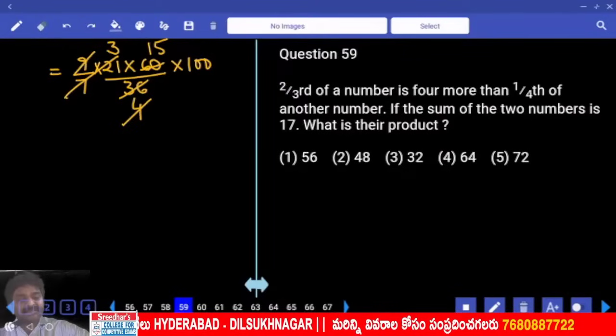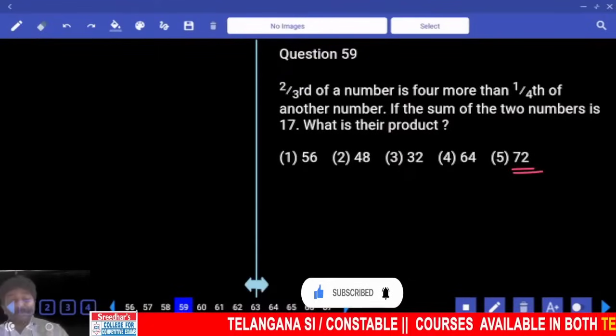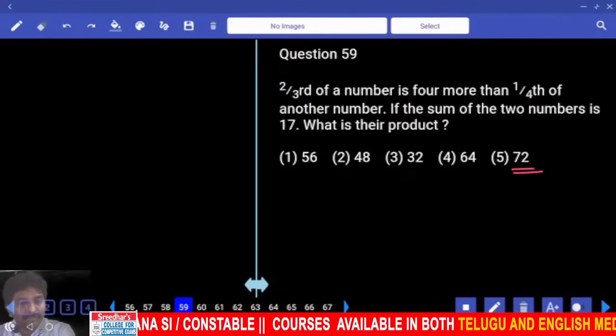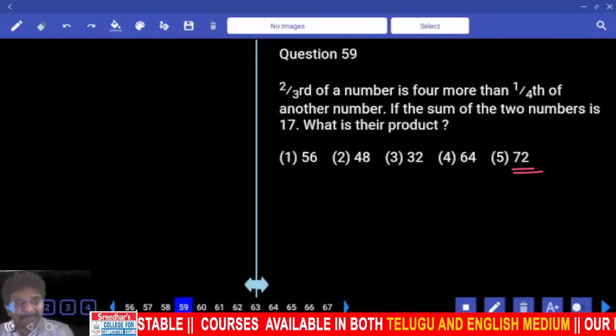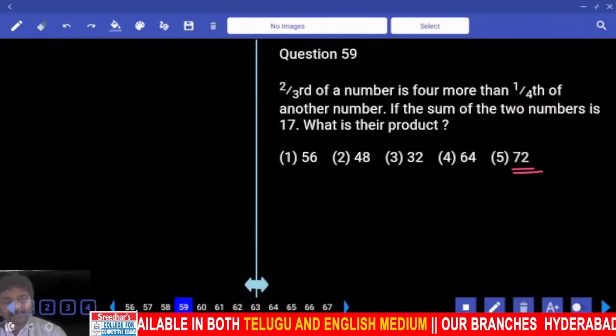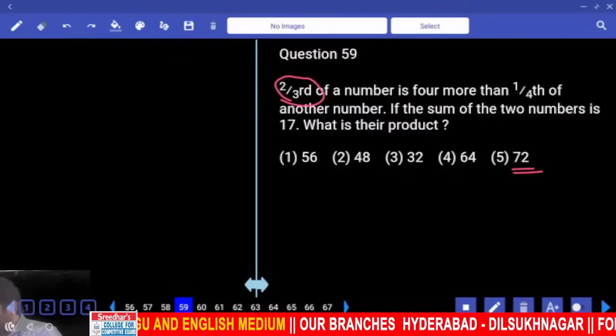2/3 of a number is 4 more than 1/4 of another number. Sum of two numbers is 17. What is their product? 2/3 of a number is 4 more than 1/4 of another number. Sum of two numbers is 17. Okay. As you are taking 2/3 of a number, denominator is 3.